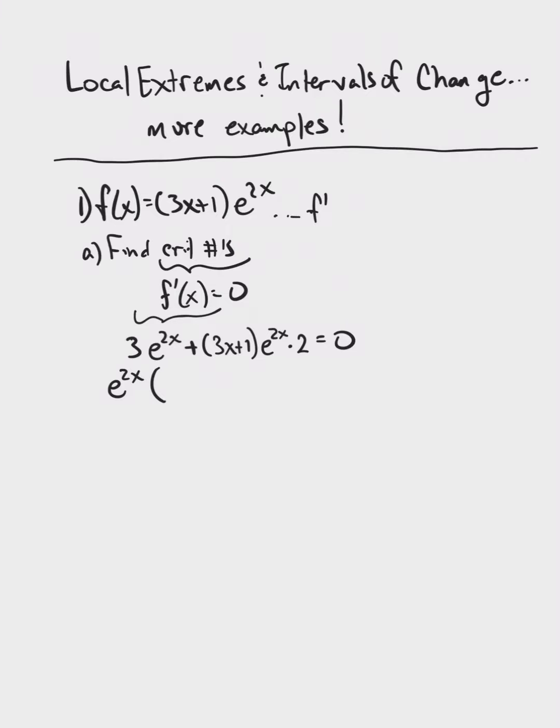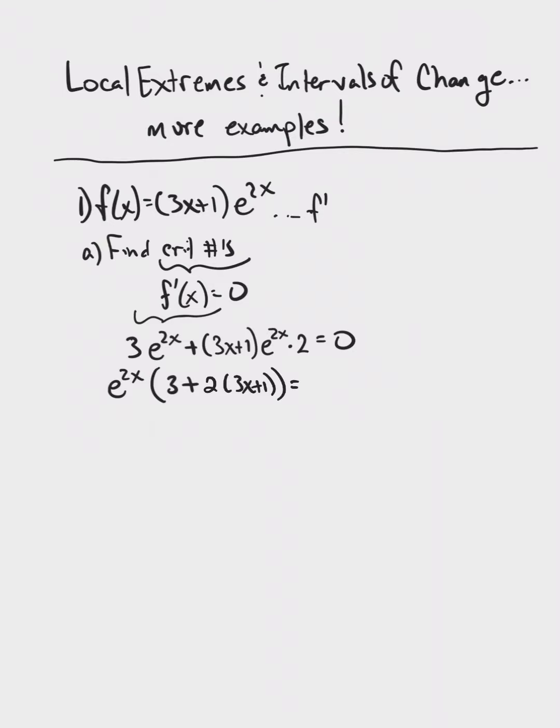Whenever I factor e to the 2x out of this first part, all that's left is a 3. And then whenever I factor the e to the 2x out of the right part, I have a 2 left times 3x plus 1. Okay, like that.